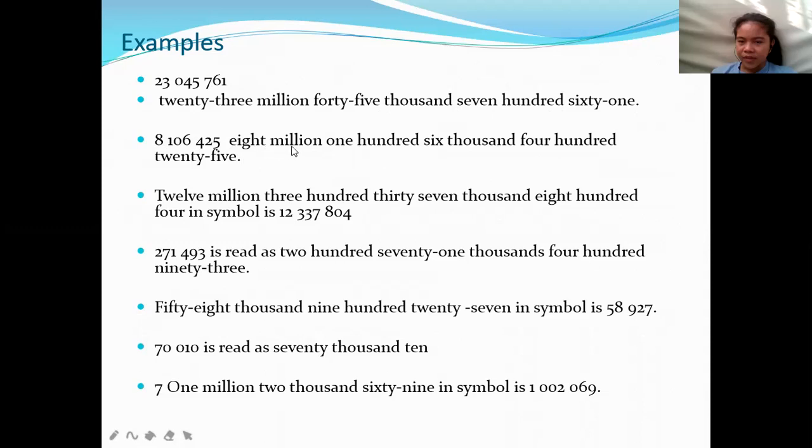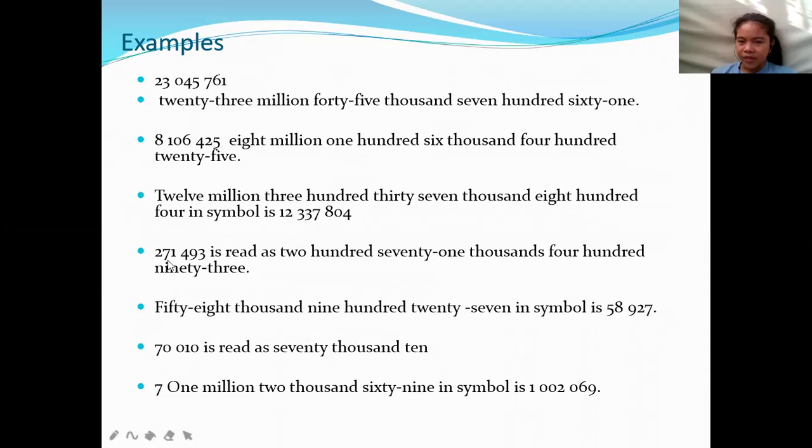This is in words. Please take note of the spelling of the words. Then 12 million. Okay, we are going to read the words. 3,337,804 in symbol. Okay, this is it.